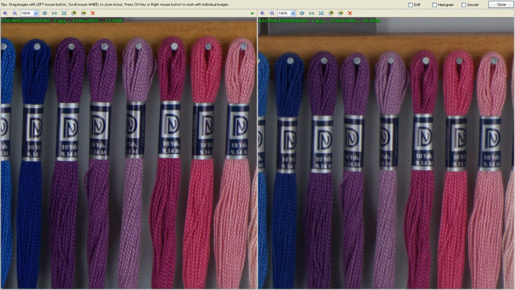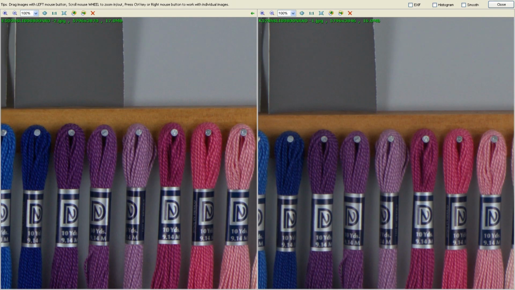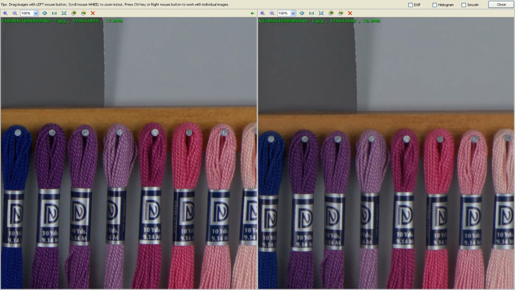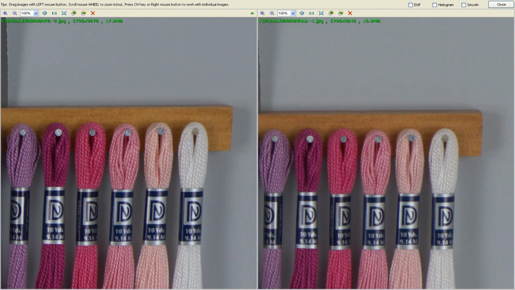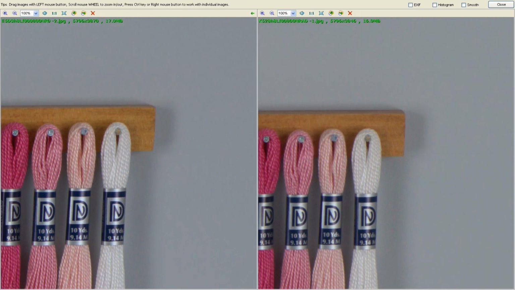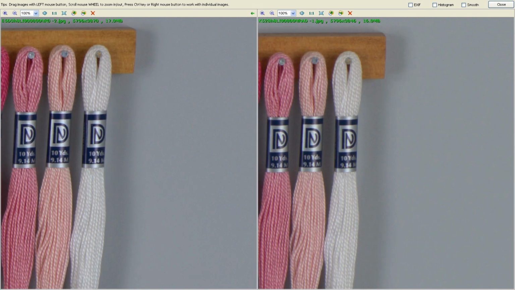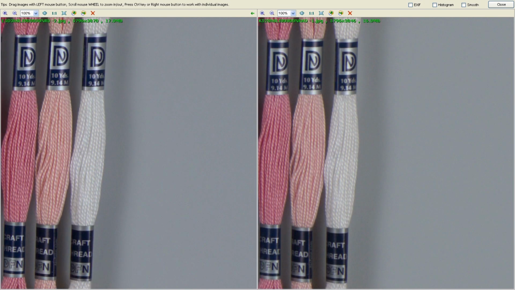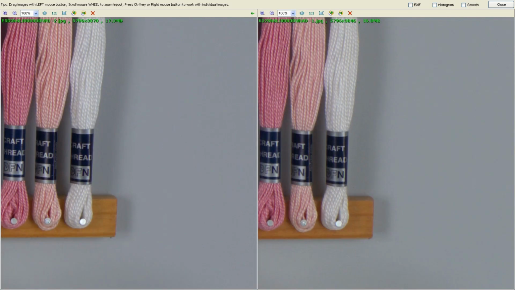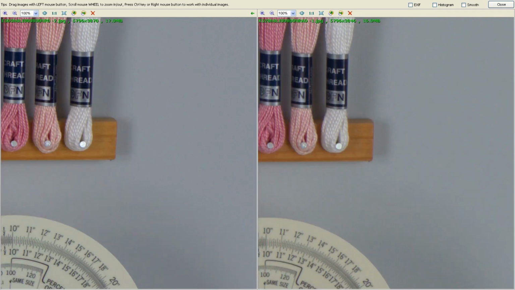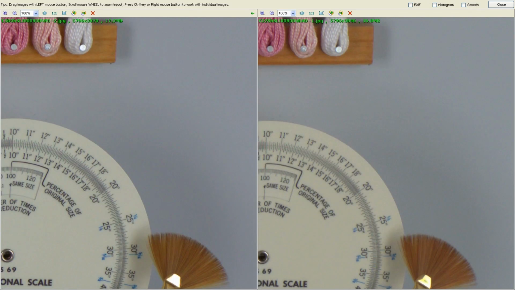Understand, these files being used are naked ISO noise. This is not me masking anything. What I did is I balanced out the image in terms of exposure and color, all that from Corel's perspective, and then I just said, okay, let's see what happens.